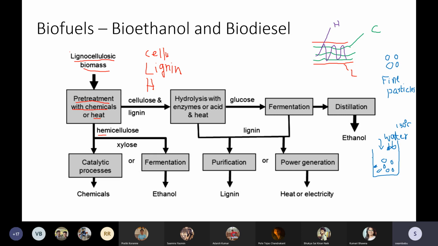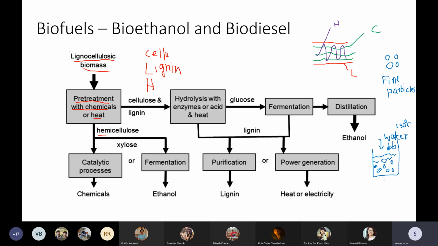So if you pour water here and the water is at high temperature, since hemicellulose is easily dissolvable sugars, the sugars are extracted. The hemicellulose sugars are dissolved in water.